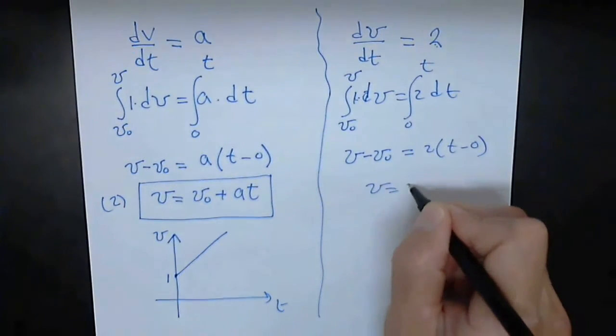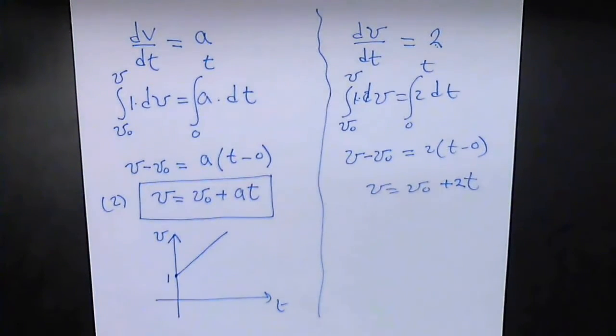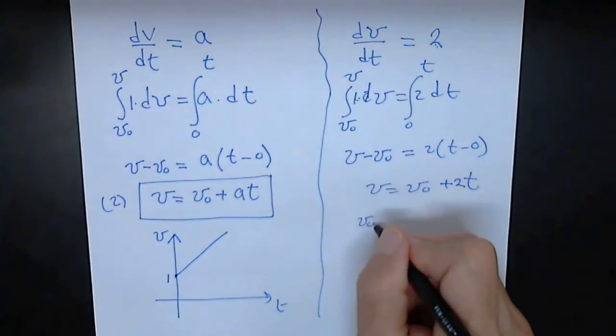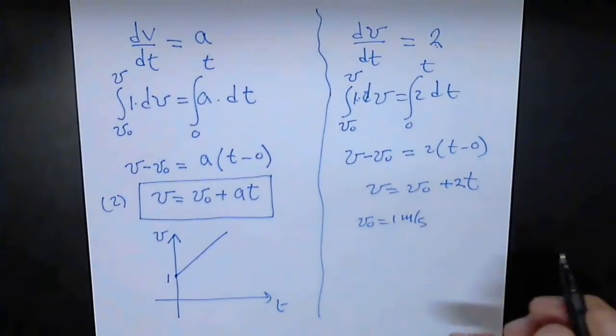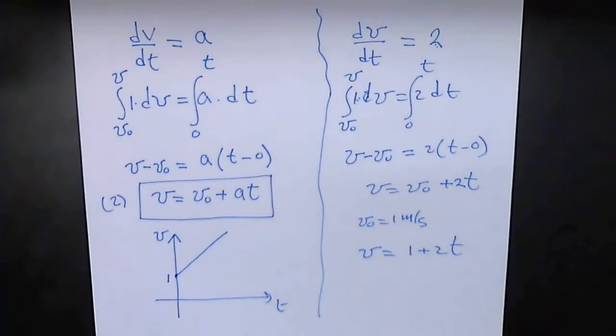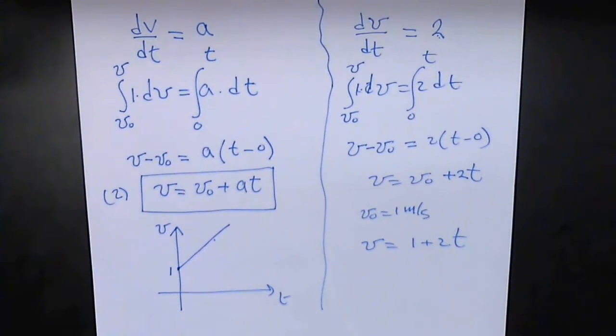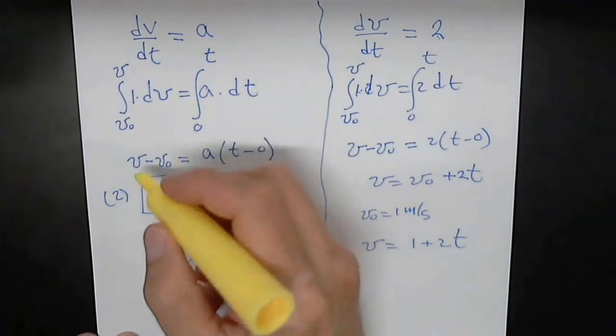So v is v naught plus 2t. Let's say that the initial velocity is 1 meter per second. So v is 1 plus 2t. That is what I plot on the left over here. This is the second kinematic equation.